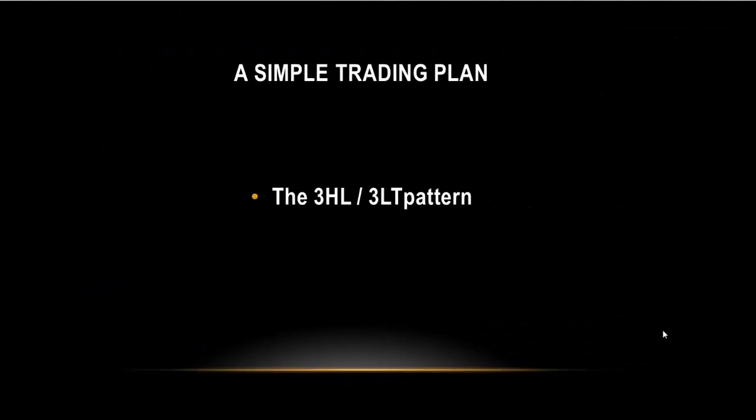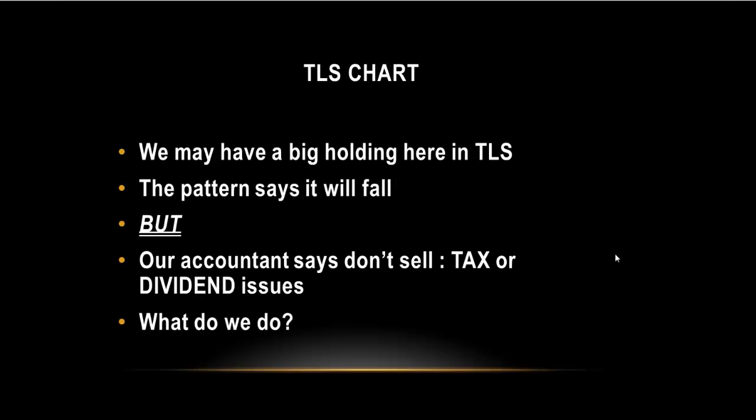So now we've seen the 3 higher low, higher top pattern, and we've seen examples of what this particular pattern means on the chart. But remember when we looked at Telstra, we had a signal that told us that market was more likely to decline. But when we talk to our financial advisors, they're telling us not to sell our Telstra shares because we'll incur a very big tax bill, or maybe we won't get the dividend that we're relying on for income.